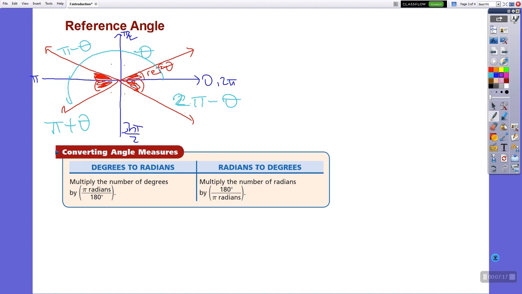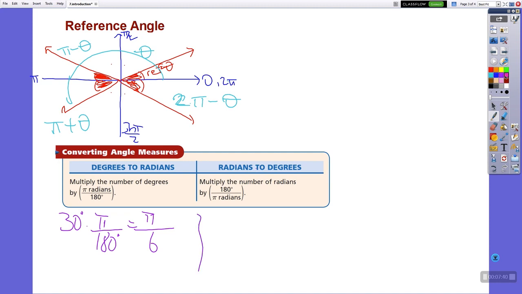So let's solve an example. For example, 30 degrees. You're going to convert it to radians. This time you're going to multiply it by pi radians over 180. Let's simplify it. It's going to be pi divided by 6. Let's do the reverse.